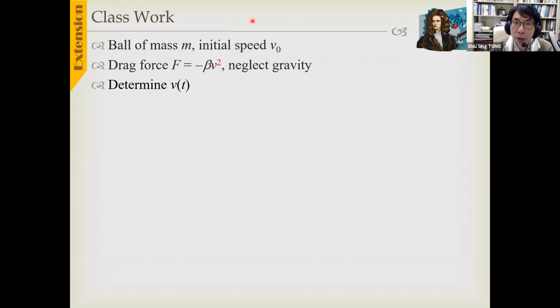Now the differential equation looks like this, right? By Newton's second law, we have m dv/dt equal to minus beta v squared. When you divide by m, and I define the constant b as beta over m, then I arrive at this differential equation.